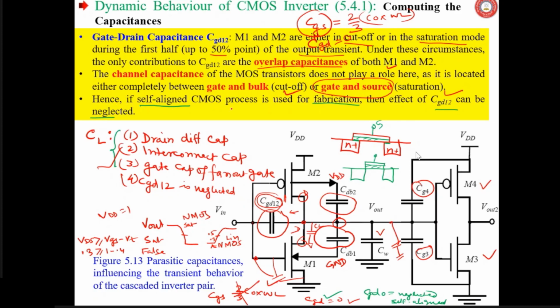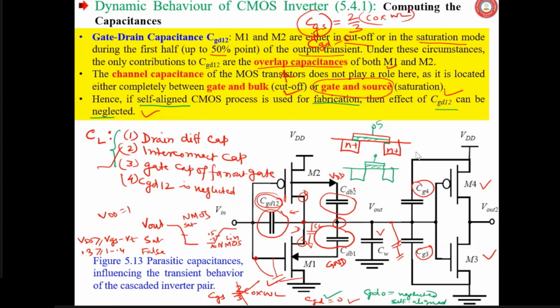If the self-aligned CMOS process is used for fabrication, then the effect of CGD 1-2 can be neglected because in that case overlap will not be there. So CGD 1-2 can be overlooked, because if it is in the saturation region, there is no effect of that capacitance CGD. It is 0. Yes, if you consider the overlap part.